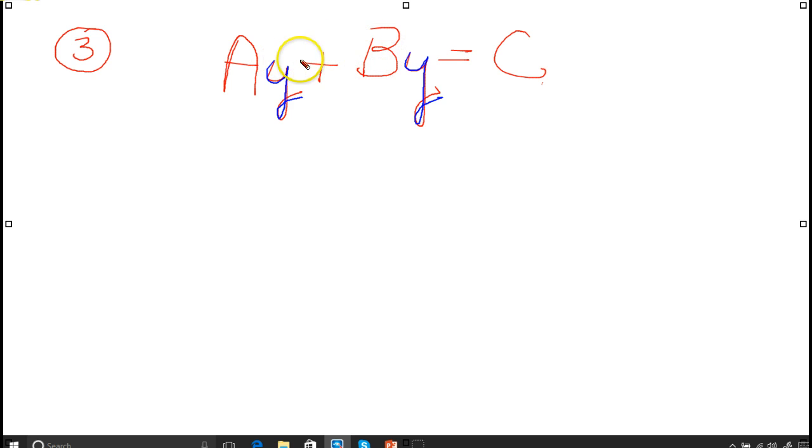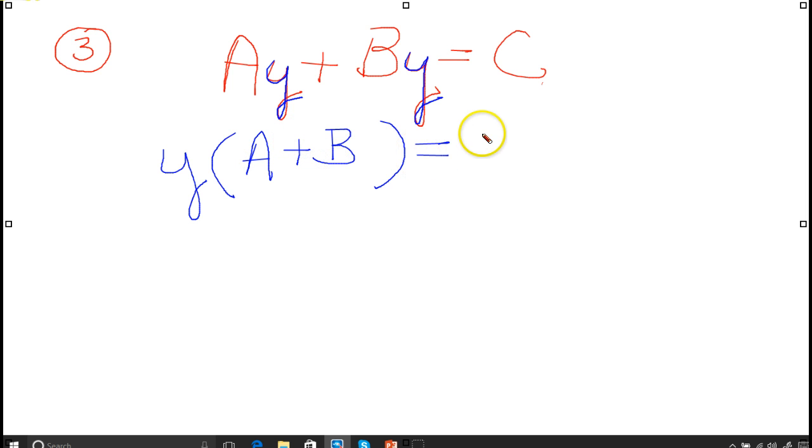So again, recalling what we said from chapter 1, when you have a variable in 2 terms, this is A times Y plus B times Y. How can we get the Y's out of there? And we said we do so by factoring it out. We're going to take the Y out of each term, and we're left with A plus B, and that equals C.